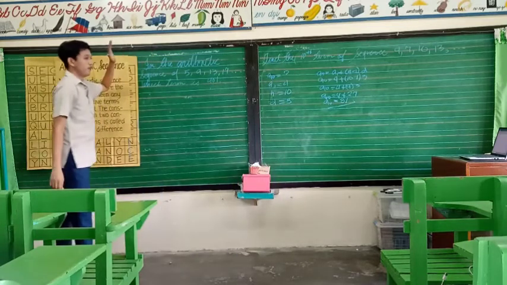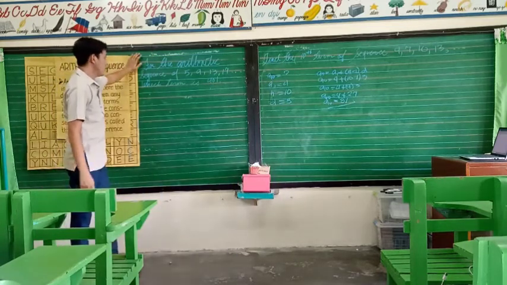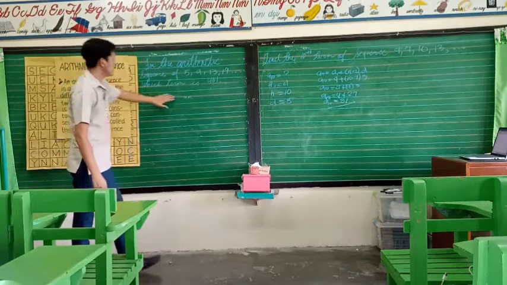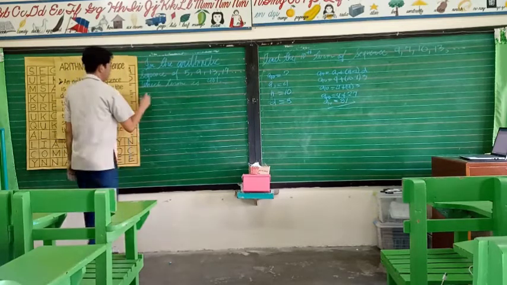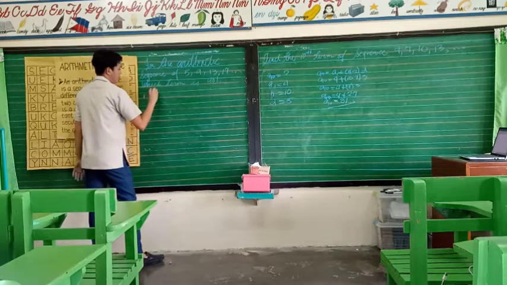As you can see in this example, what is missing here is the n term. So write that n is missing.